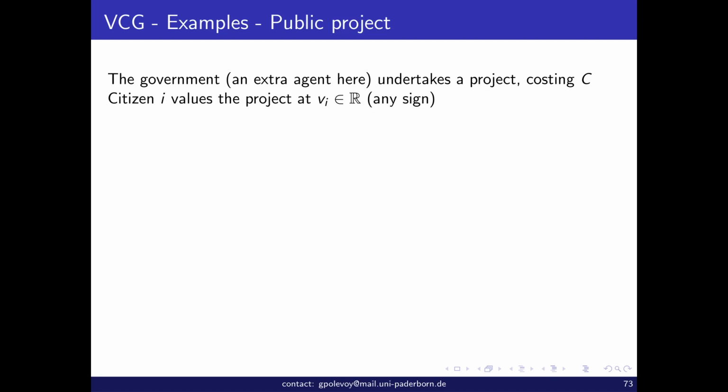So if the government builds a road, I of course may enjoy the road to some extent, depending on how much I'm going to ride there. But I also may suffer from the road if I don't really plan to ride that road but I live nearby, and there I feel that there will be more contamination of the environment. There will be more pollution and so on.